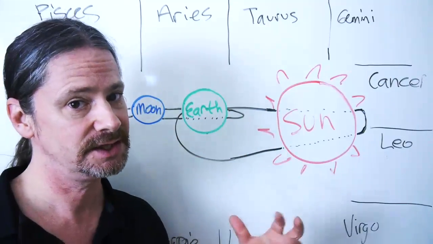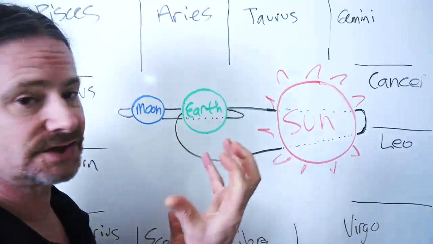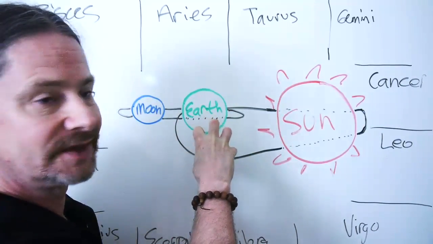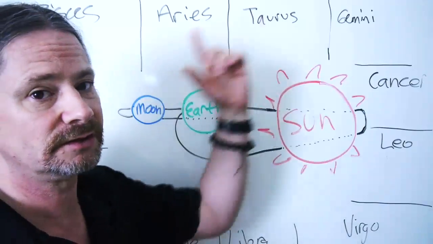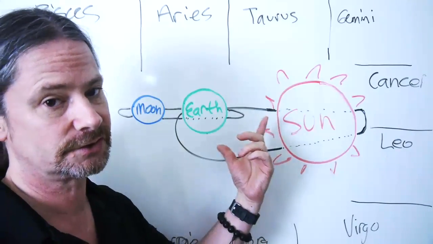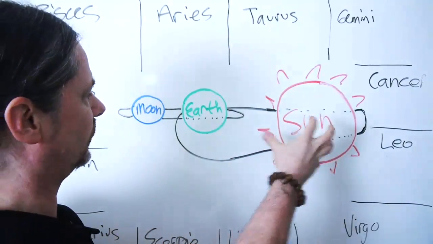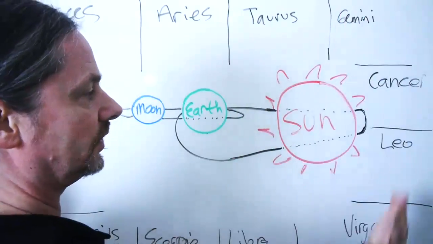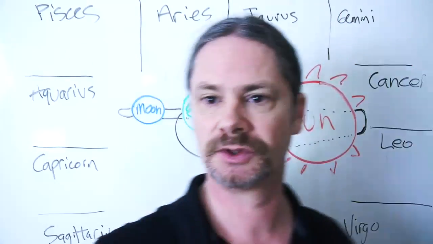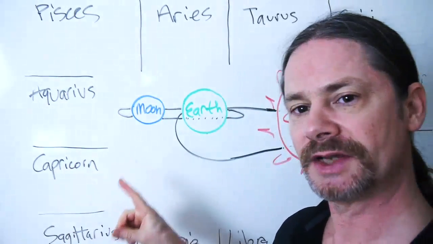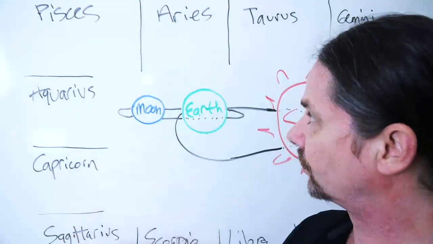When you're looking at the South Indian chart with the squares, you just visualize that the Earth is in the middle of it, and this is this circle of stars going around the Earth, the circle of signs. I just put the zodiac here as a backdrop so you can also see the rest of the zodiac over here. So Pisces, Aquarius, Capricorn.